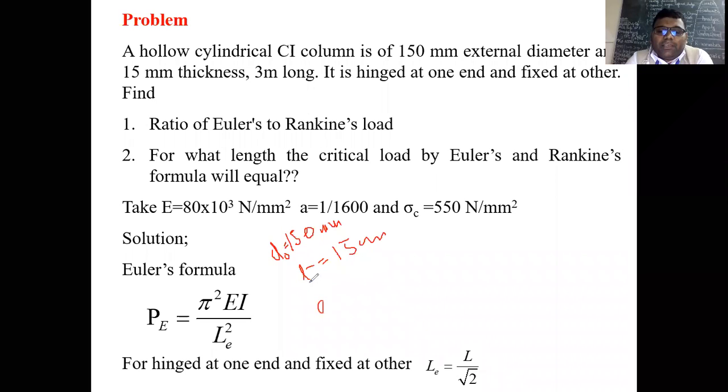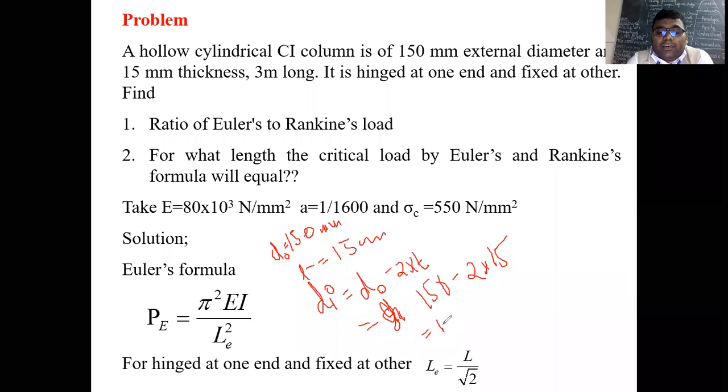So what will be the d inner diameter? Thickness is on one side, so you just double it. It becomes d outer minus 2 times the thickness. So d inner is equal to 150 minus 2 into 15, that will be 30.